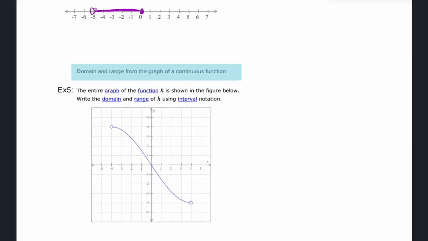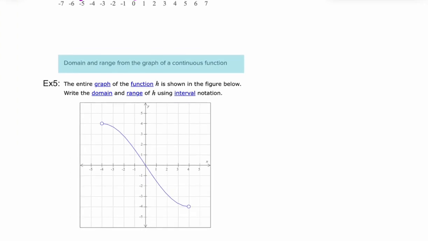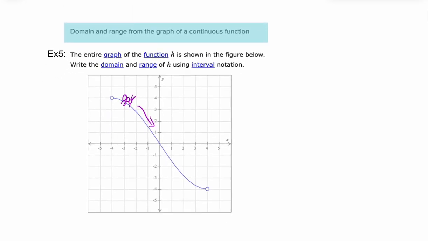So we've got this graph here. It says the entire graph is shown. Write the domain and range using interval notation. Okay. So the first thing I think of, and occasionally I will draw, I call him my math bug. If he can only walk from left to right, what you want to think about is what x values will my math bug be allowed to stand upon?